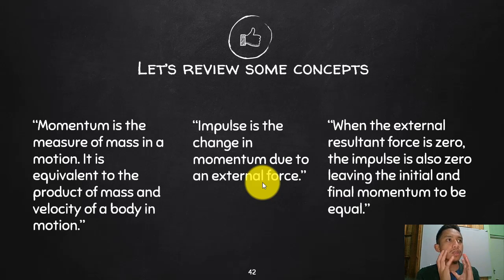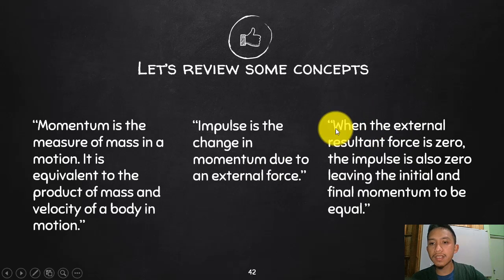A body in motion will remain in motion, or a body at rest will remain at rest, unless acted upon by an outside, or external, force. And finally, when the external resultant force is zero, the impulse is also zero, leaving the initial and final momentum equal.